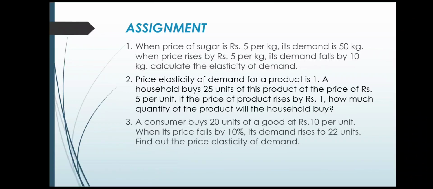The last question is, a consumer buys 20 units of a good at rupees 10 per unit. When its price falls by 10%, its demand rises to 22 units. Find out the price elasticity of demand.